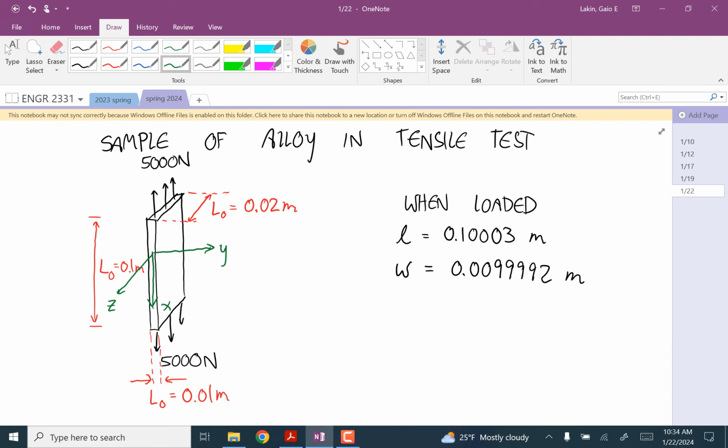But that's how Young's modulus is defined, the way I gave you the definition uses this coordinate system.